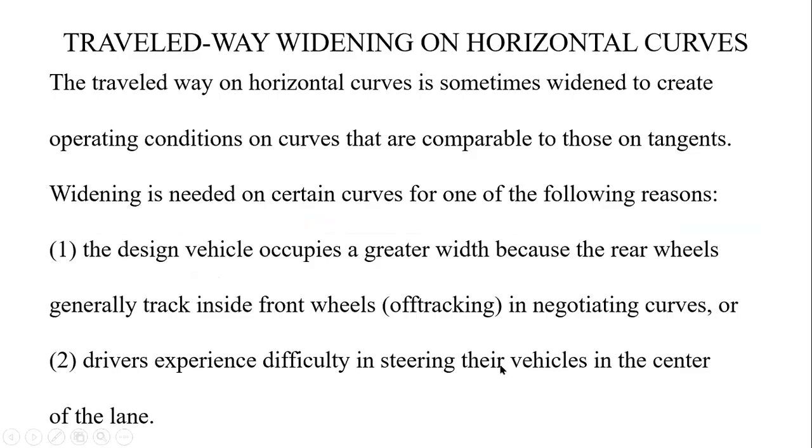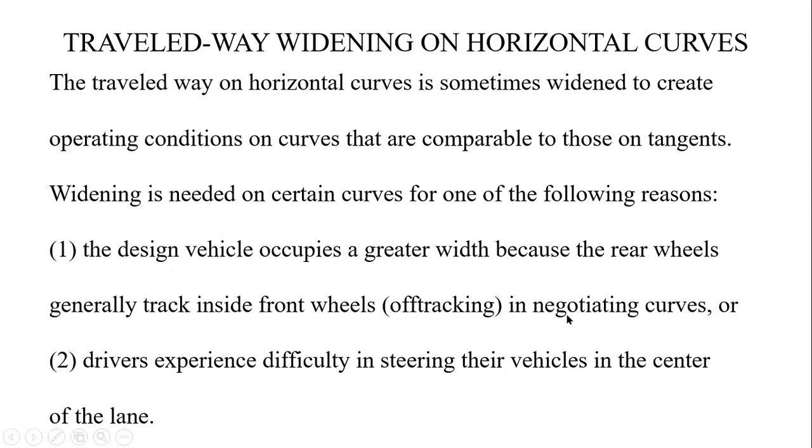Now, another thing you need while providing a horizontal curve is that the width at the curve is sometimes different from the tangent width, because the design vehicle occupies a greater width. In our front wheel drive vehicles, the front wheel can turn, but the rear wheel cannot turn.